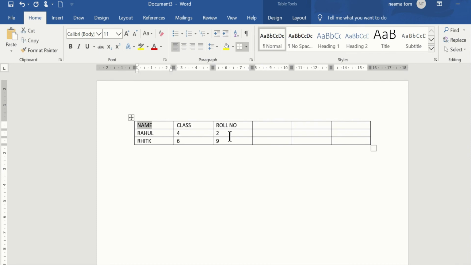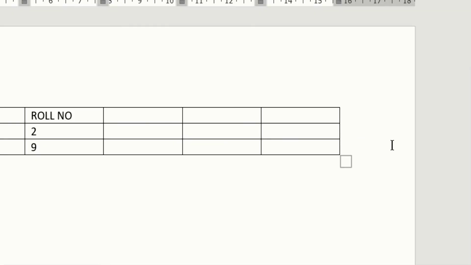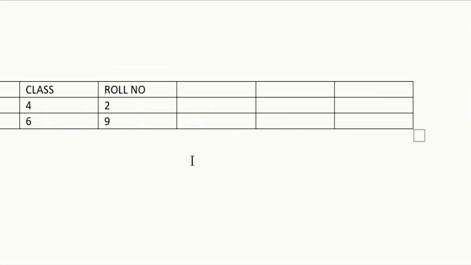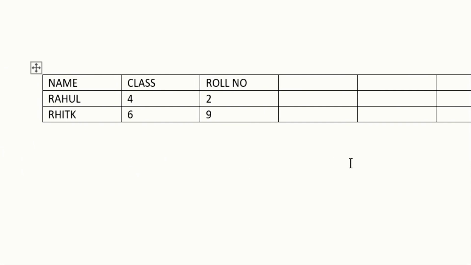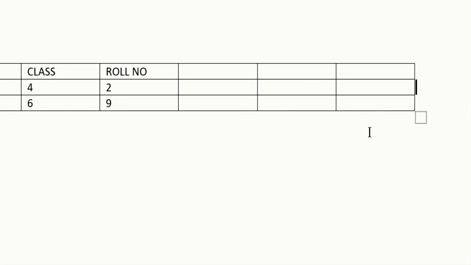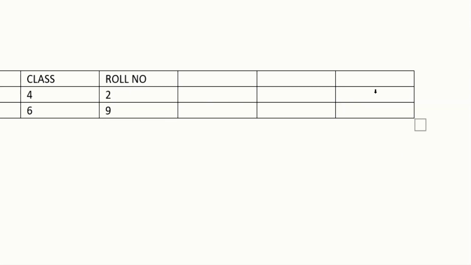If you want to change a name to some other word, you can change it. If you want to insert a row between the second and third, you need not go to the menu bar and use those tabs. You can place the cursor outside that row, outside the table like this, then press enter.